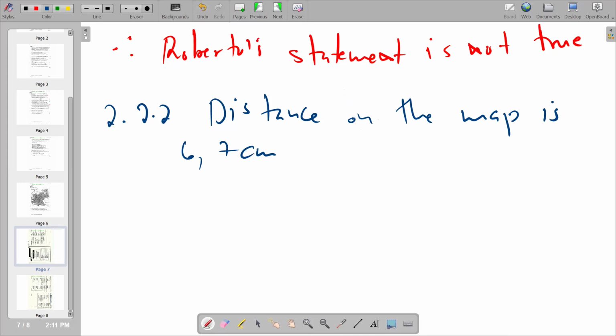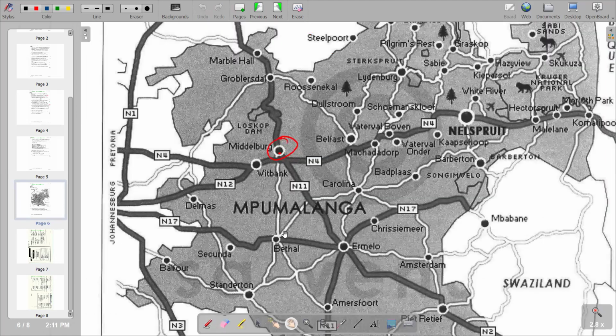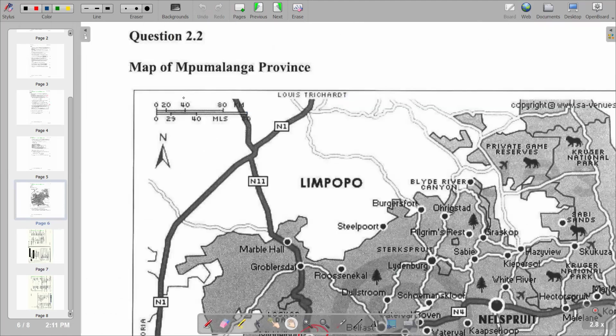Then, according to the scale that we are given, we can just refer back to the map. We have 2.8 centimeters equal to our 80 kilometers. So this is the reference that we're going to use.